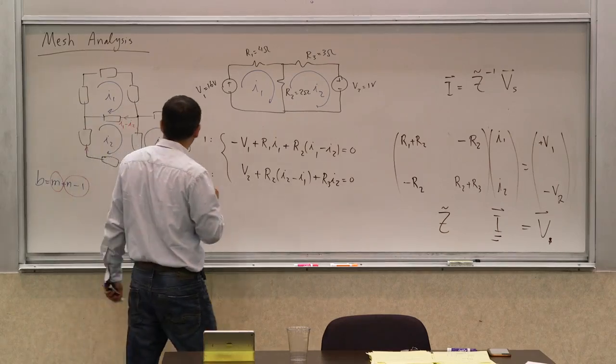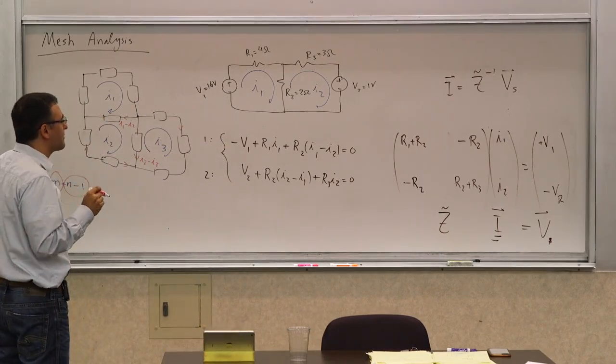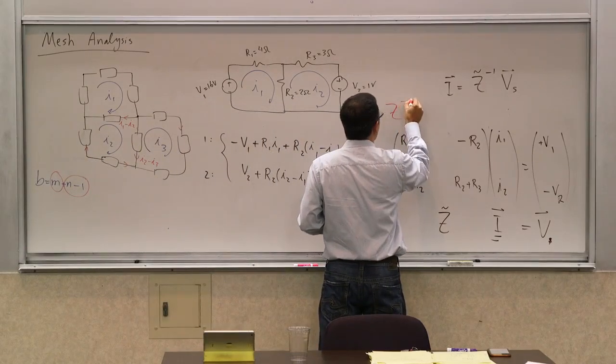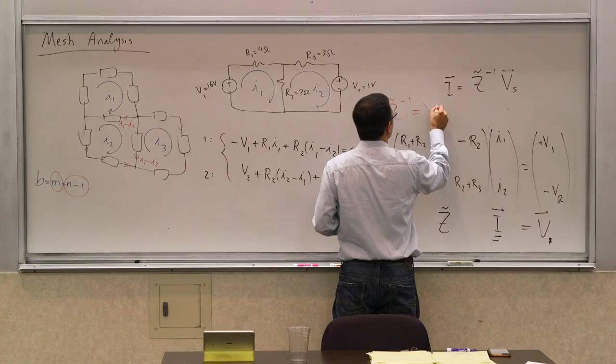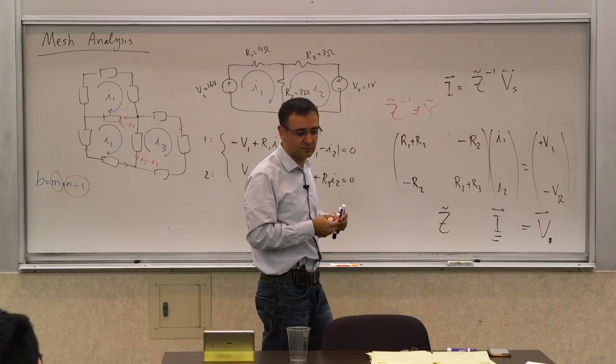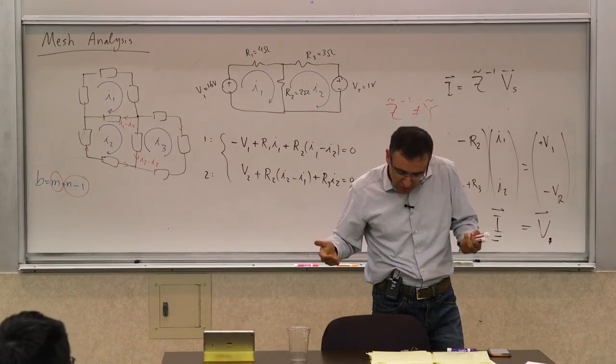Excuse me. So that's basically the situation. So Z inverse is not equal to Y, or Y inverse is not equal to Z. They don't even have to have a very close relationship.